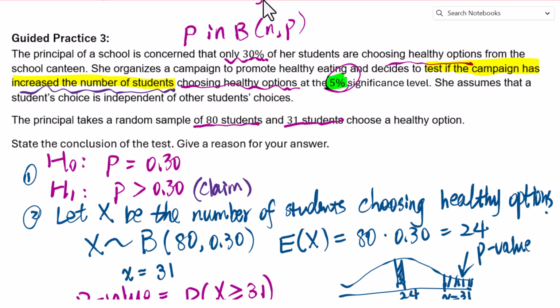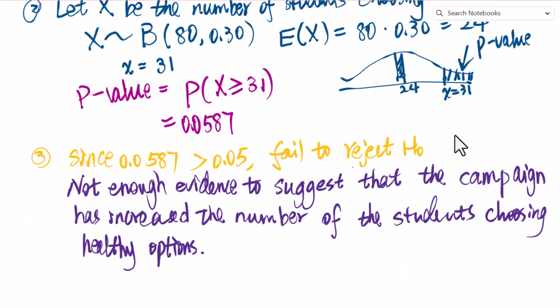Fail to reject H0. This is a check. This is a cross. So we can draw the conclusion: not enough evidence to suggest that the campaign has increased the number of students choosing healthy options.